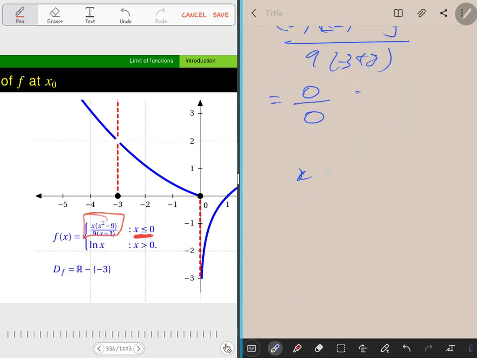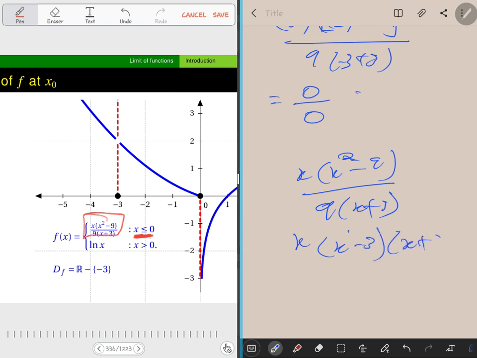So let's see. x squared minus 9, and then we have x times x plus 3. We can expand the top side, x squared minus 9 becomes x minus 3 bracket x plus 3.